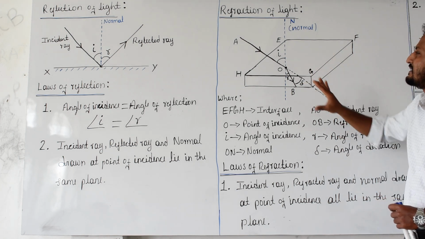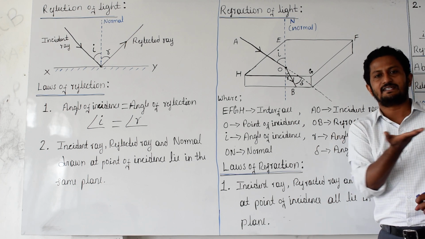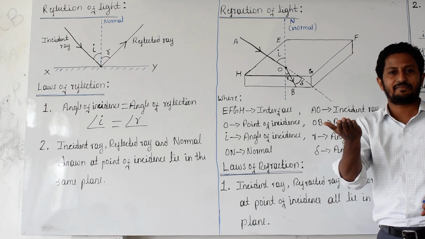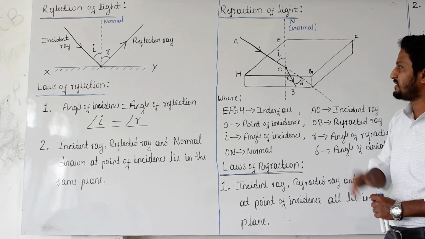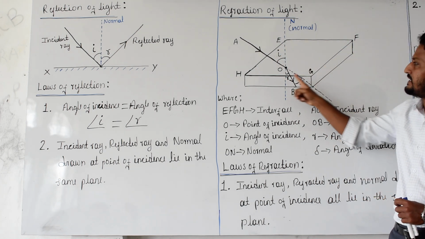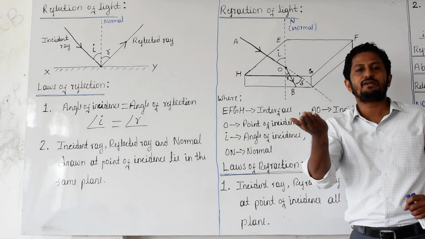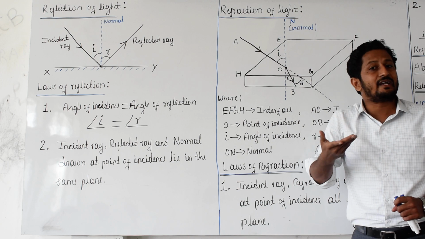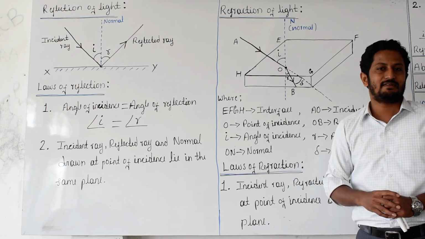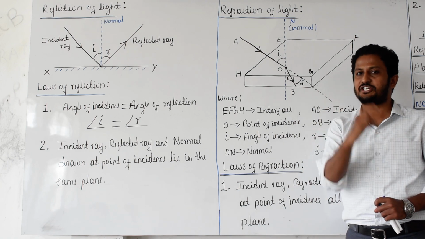It looks like a rectangular glass slab, held like this, horizontally. Its top surface, E, F, G and H, is the top surface of that horizontally held rectangular glass slab. I mean, it's a glass material, glass sheet.